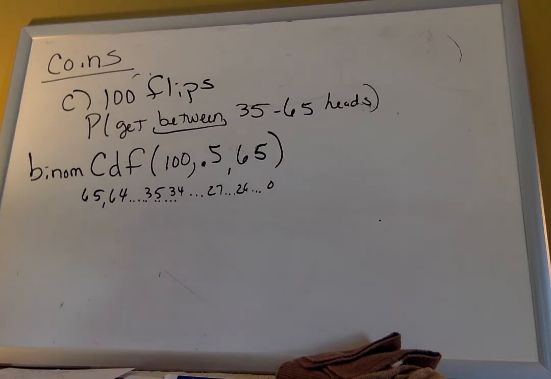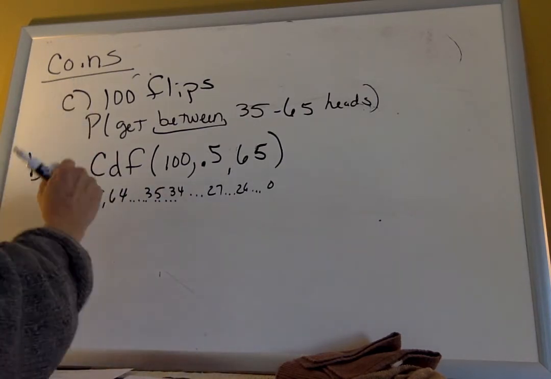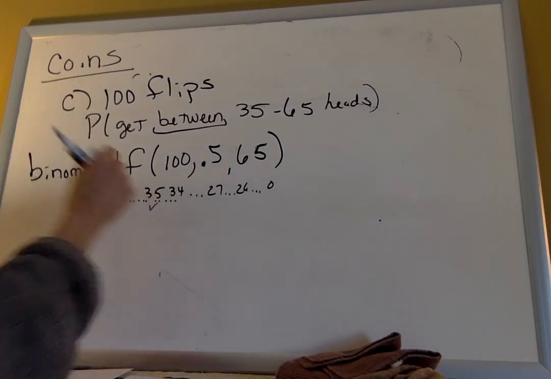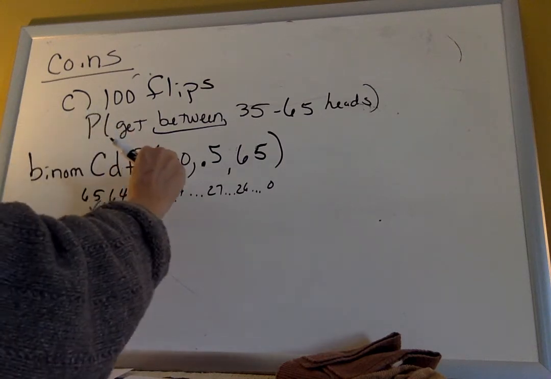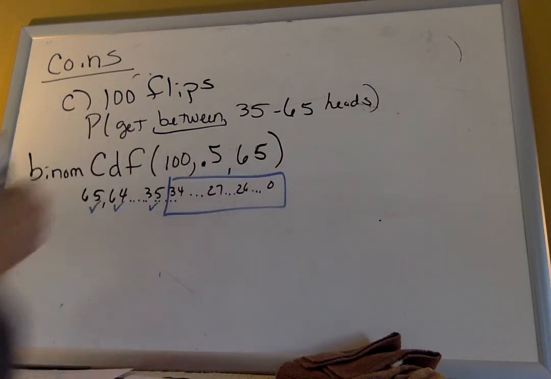I did not want all of that. I wanted 65. I did want the 65 and the 64. I did want the 35. I did not want 34 downwards. That's not what I wanted.